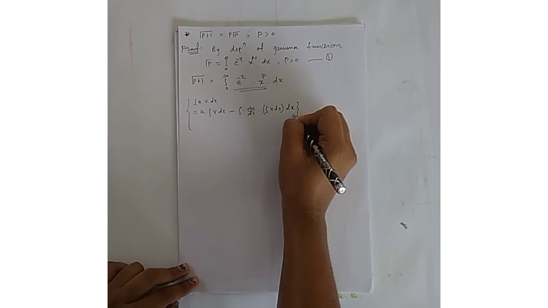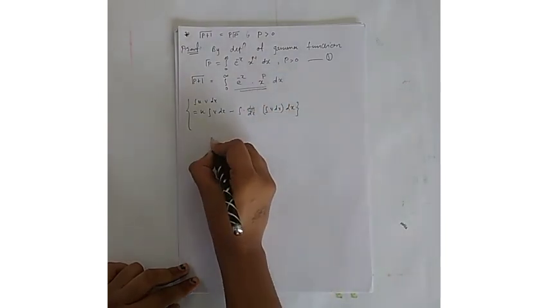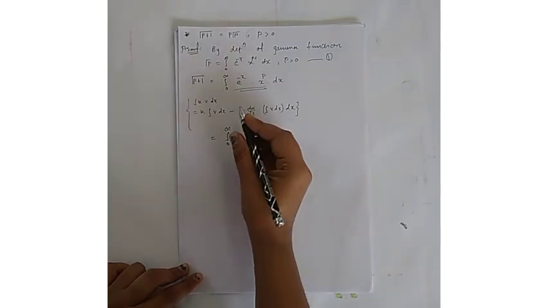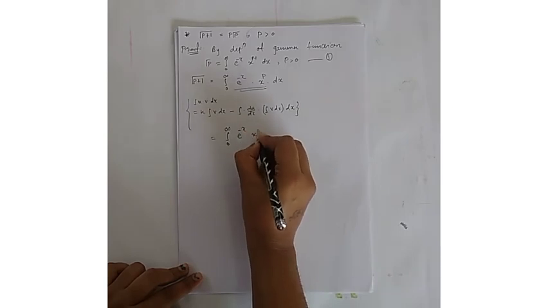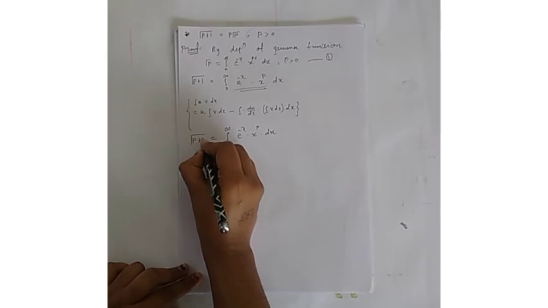So using this, we integrate the integration with limit 0 to infinity e raised to minus x into x raised to p into dx, which is equal to gamma p plus 1.